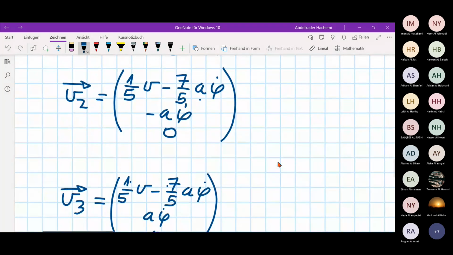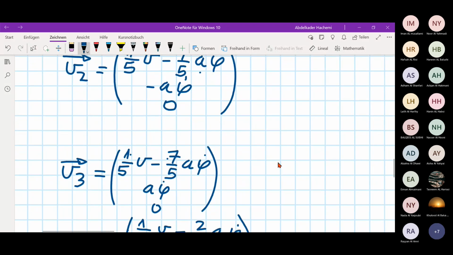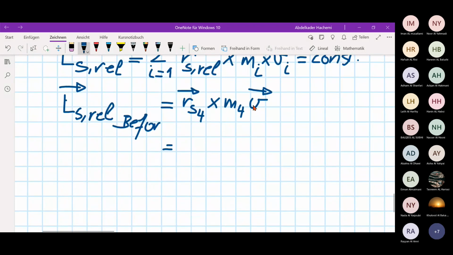Okay, v, it's given only in x direction, and we have m4, which is equal to m.